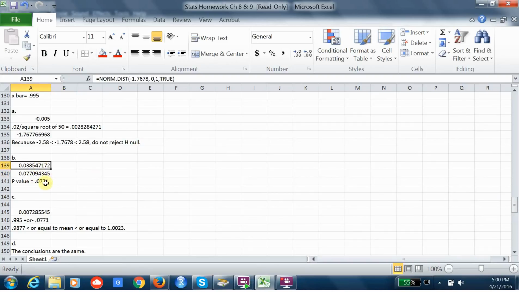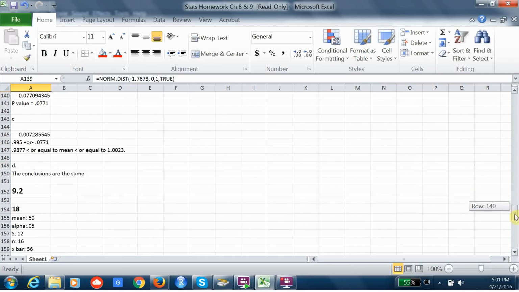P-value looks good. Confidence interval looks good, and the conclusions are the same. That's right. So whenever you reject the null hypothesis, mu naught cannot be in the confidence interval. Good. All right. Section 9.2.